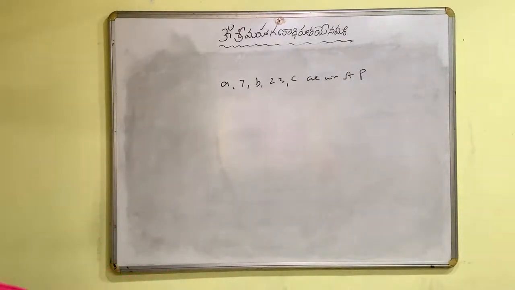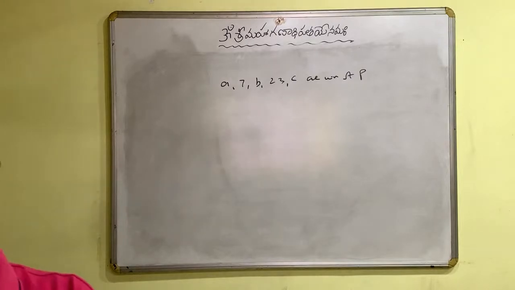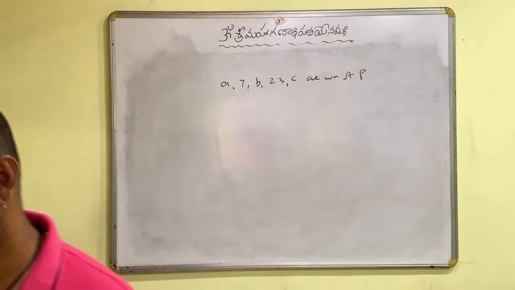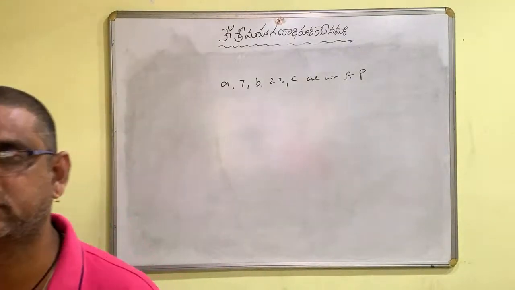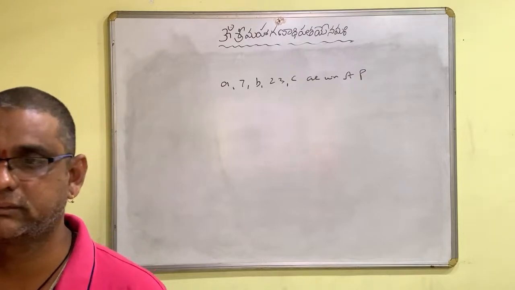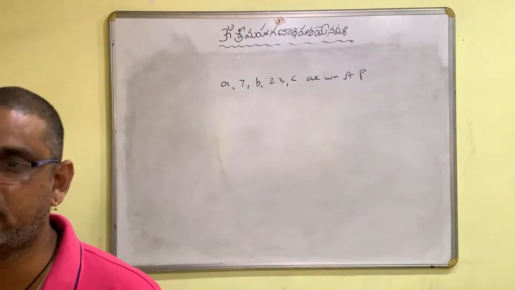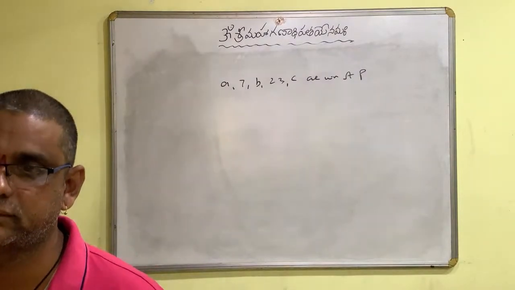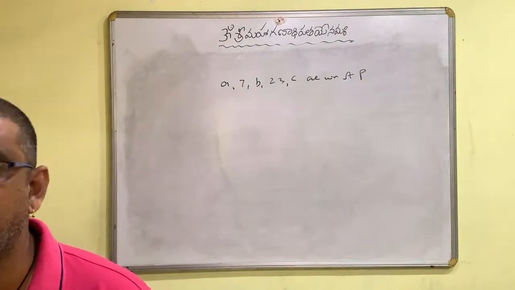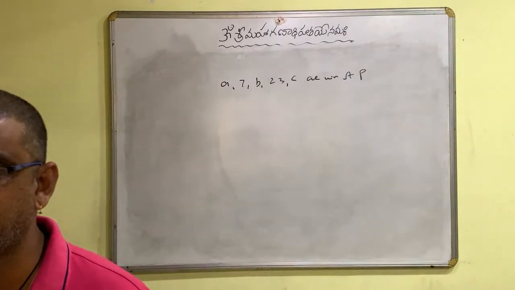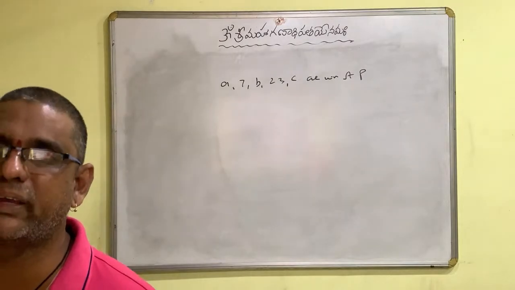D is 8. How is D 8? Aditya, the middle term: A1 plus A3 by 2 is equal to A2.